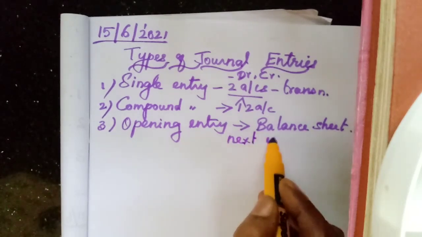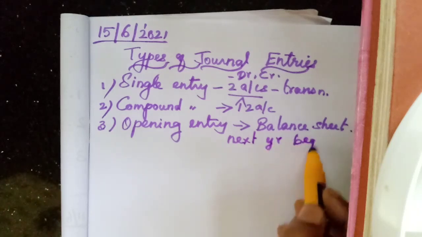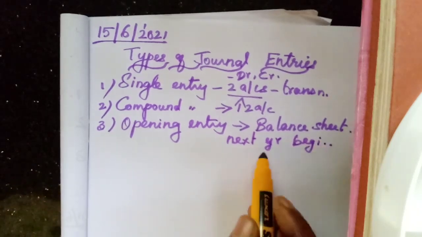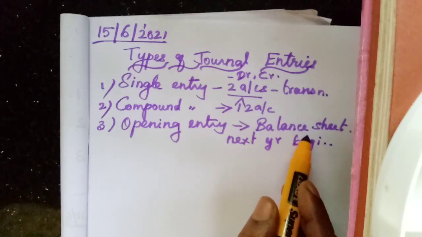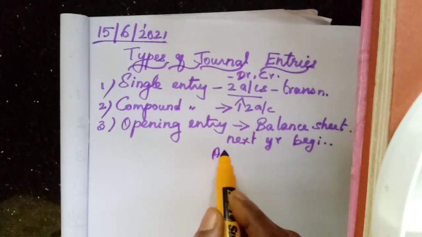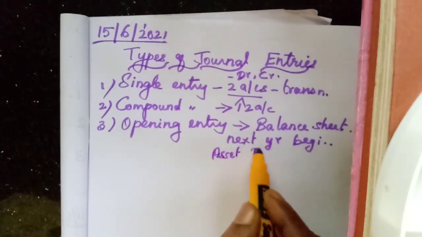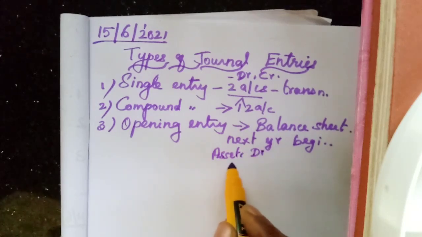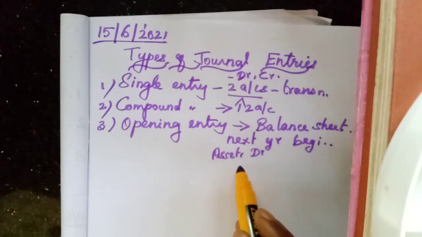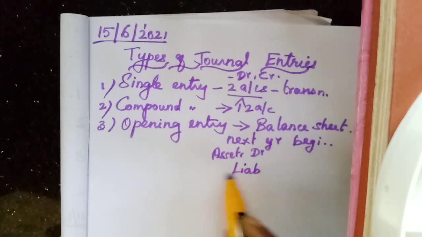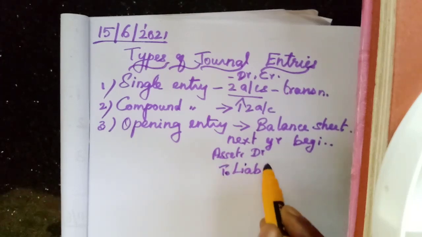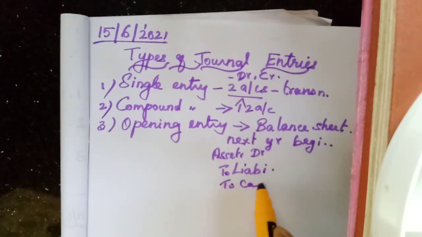Here all the asset accounts will be debited and the liabilities will be credited: assets account debtor to liabilities account and capital account.